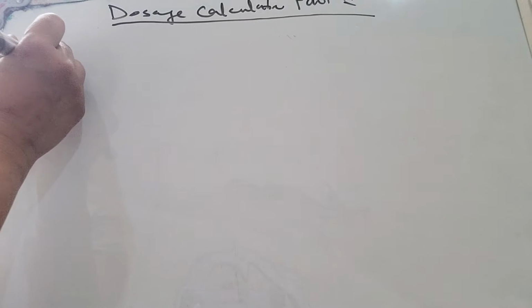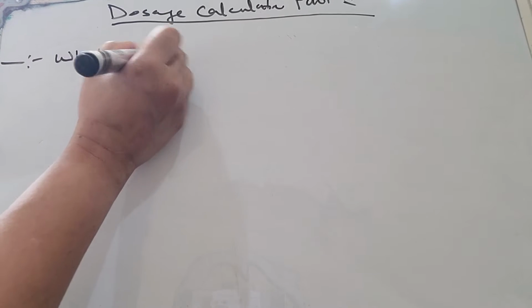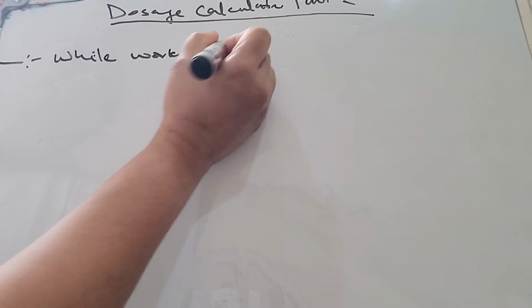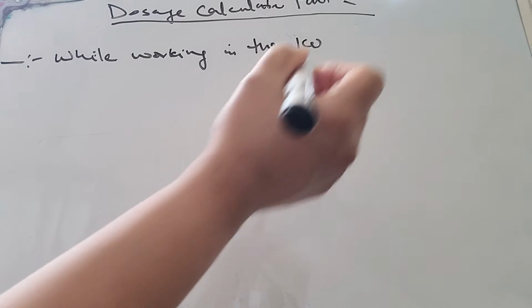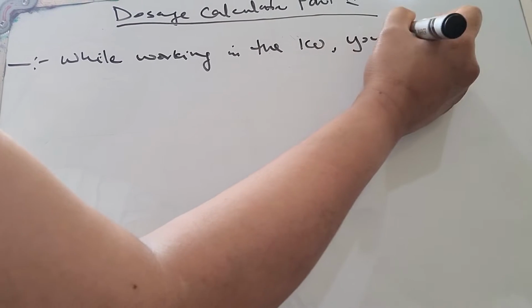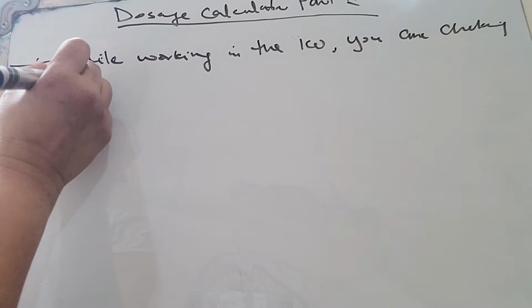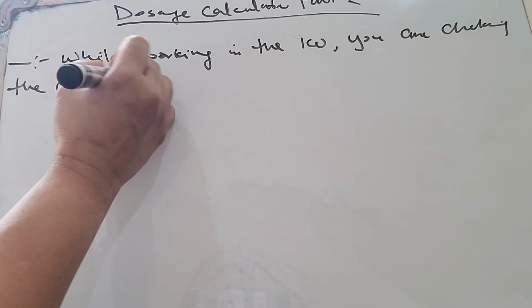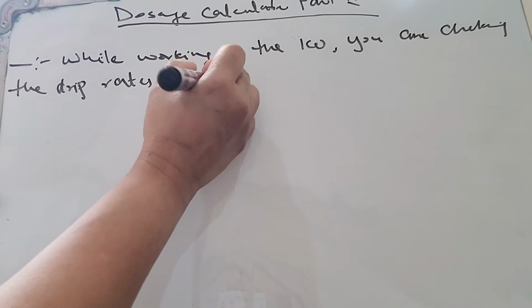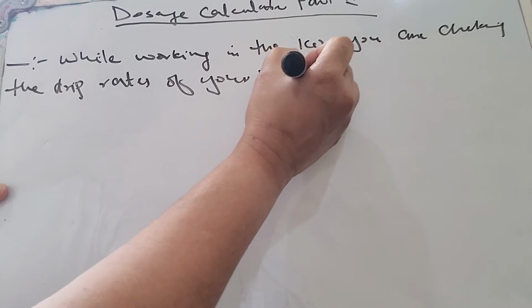So I will write one question here. While working in the ICU, you are checking the drip rates of your vasoactive infusion.